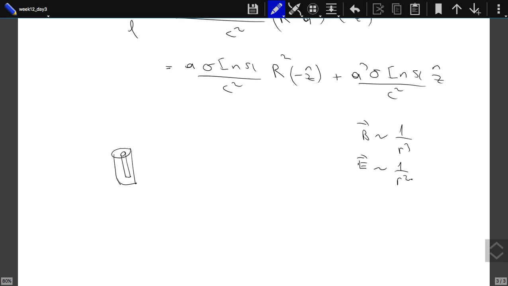Very nearby, it has this 1 over s behavior, but very far away, it will have this 1 over r squared behavior. So S behaves like 1 over r to the 5. R cross S behaves like 1 over r to the 4.